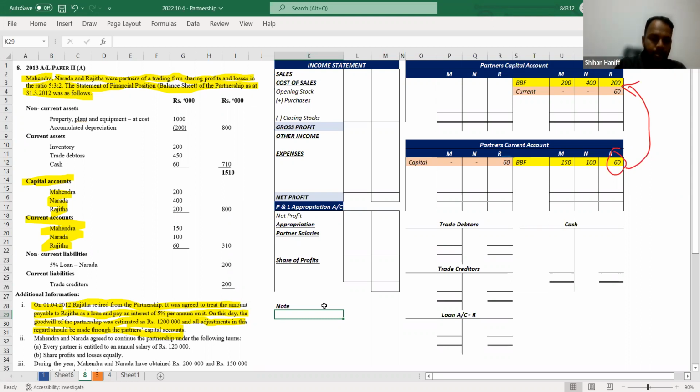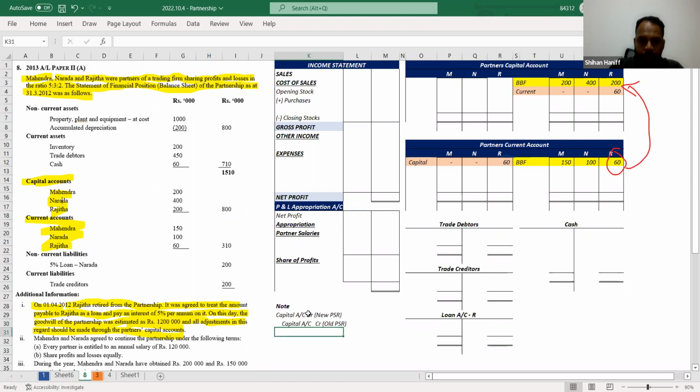Okay, so I'll give the double entry. Capital account, debit new ratio, credit old profit sharing ratio.